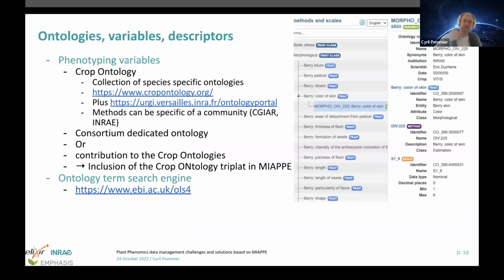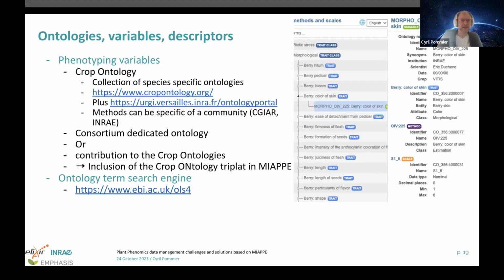But there are solutions. If you want to describe the phenotyping variables you are using in your dataset, in your experiments, the first recommended approach is to go on the Crop Ontology website to have a collection of species-specific ontologies. You've also got other ontology portals that take the same approach, but with more community-oriented ontologies.